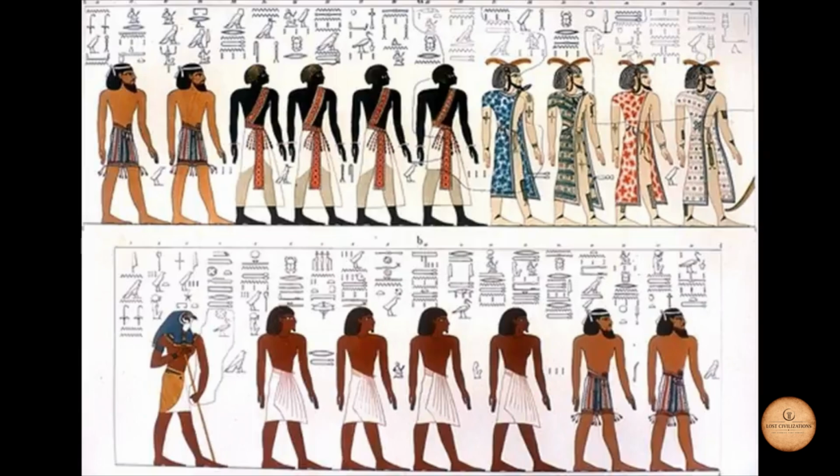What follows the unification of Egypt under Narmer is what we generally refer to as the Archaic period, of the first three dynasties, the first phase of the Old Kingdom.